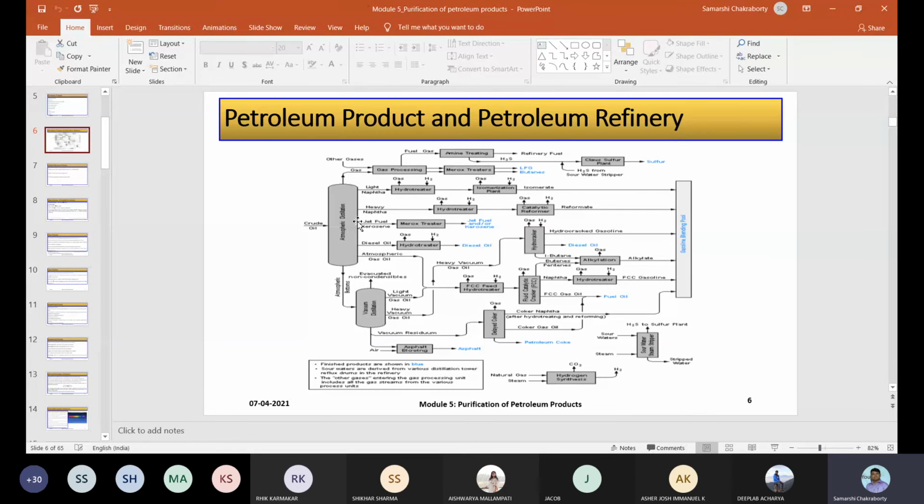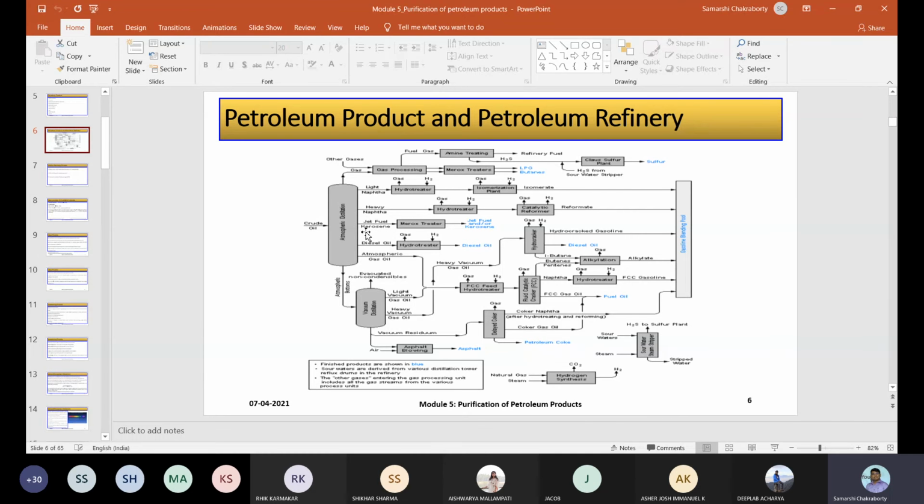If I check this particular unit, we started with this flow diagram because I was saying that whatever product is coming out of my refinery has to go through amine treatment, Merox treatment, Claus treatment, or whatever desulfurization or hydrotreatment we are talking about.